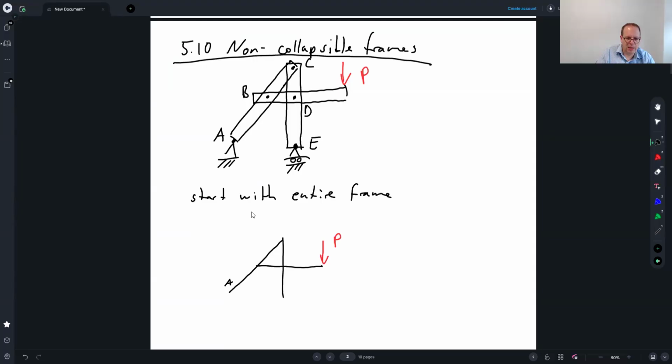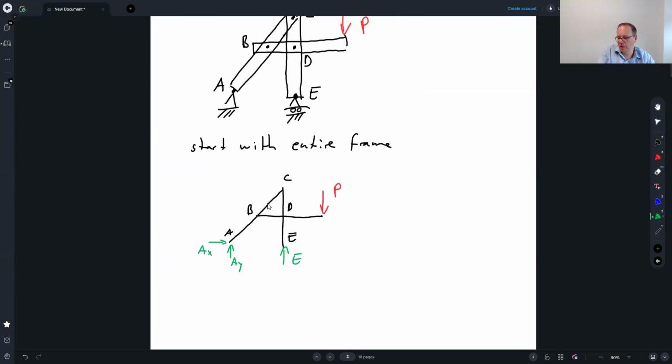So we have A, B, C, D, and E, and then our support reactions. We have a hinge over here, so that's AY and AX. And then here we just have E. And so this would be our free body diagram.